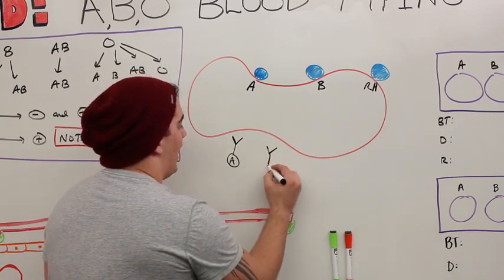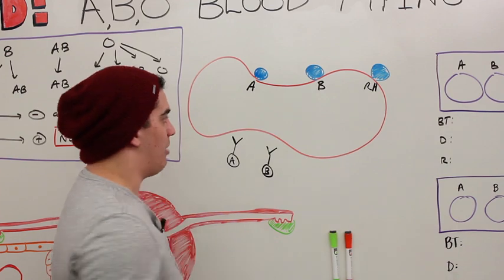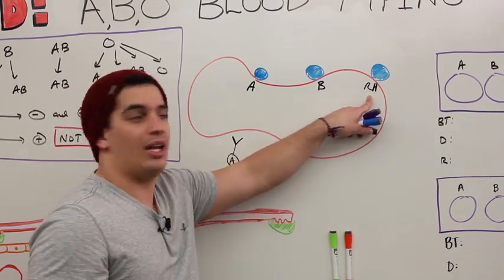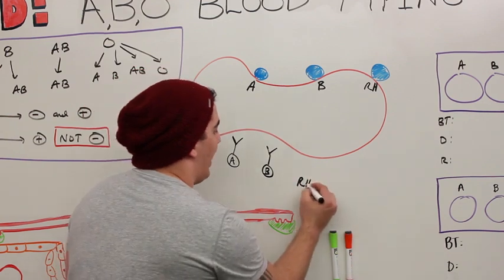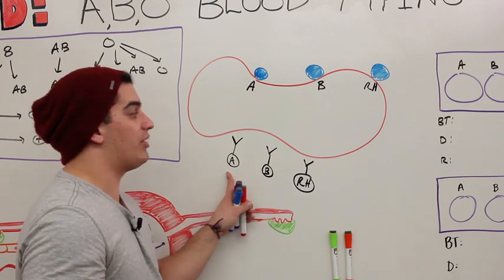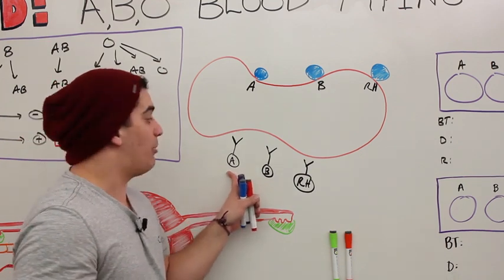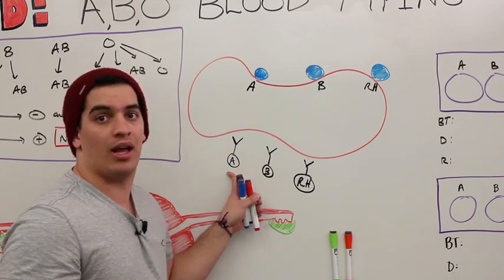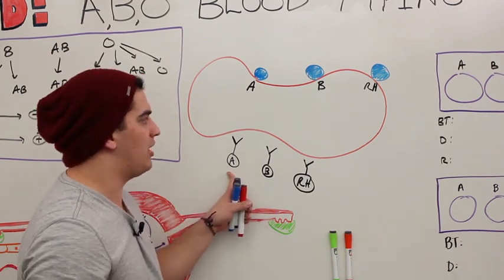They would have anti-B antibodies. And let's say this person did not have the RH antigen on its cell surface. It would have RH antibodies. These antibodies are from our immune system, and they protect our blood from getting any type of incompatible blood. We'll talk about what that means specifically in a second.